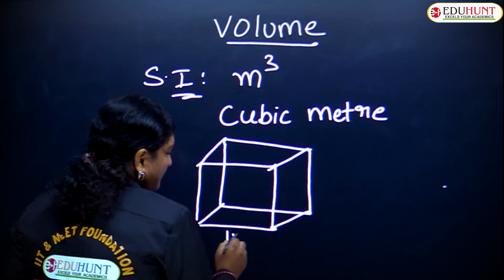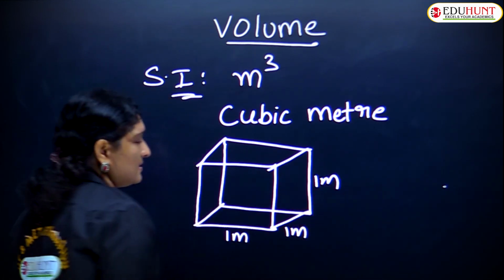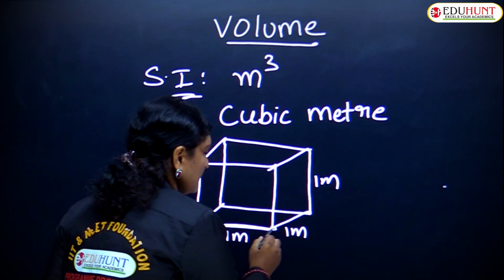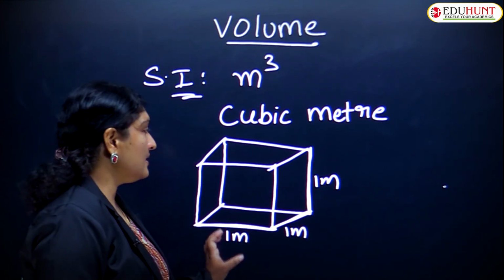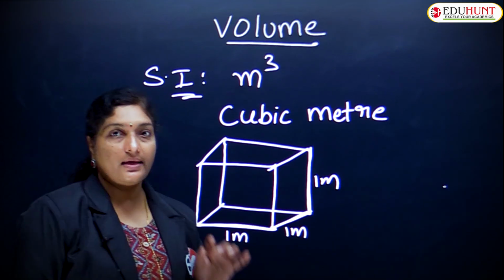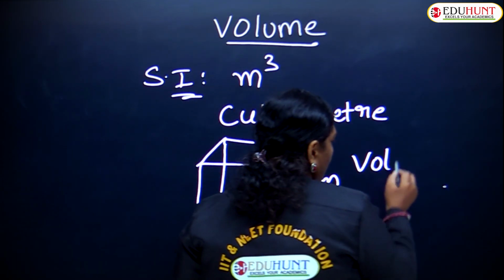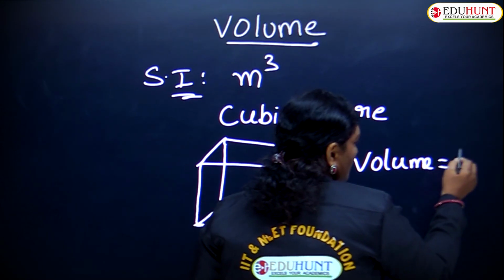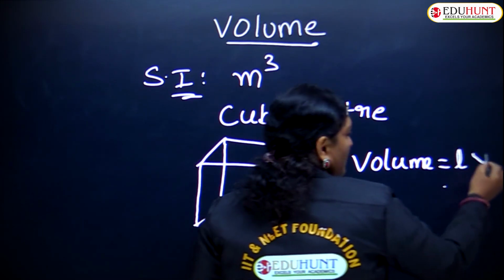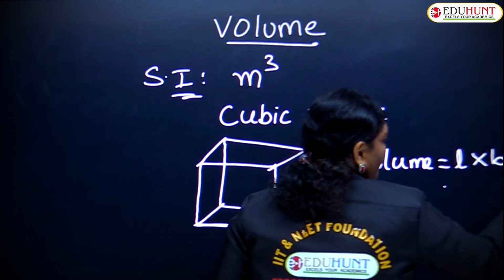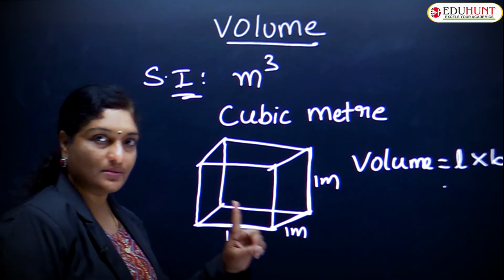If a cube was given whose each side length is 1 meter, every side length is 1 meter. This happens to be length, this happens to be breadth, and this happens to be height. Then length into breadth into height gives your volume. So let me write it here. Volume is equal to length, let me represent as L, breadth as B, height as H. The value in the SI system, length is considered as 1 meter.